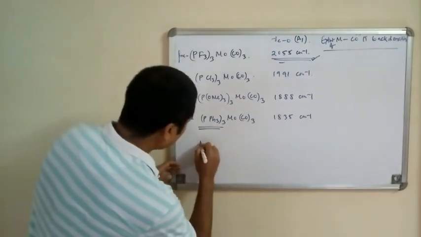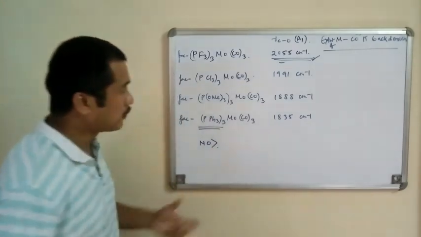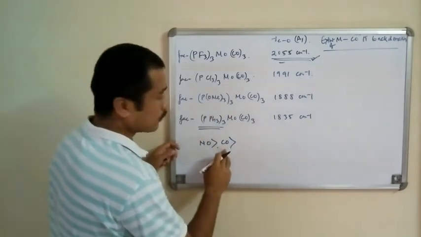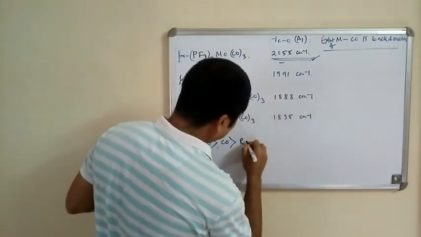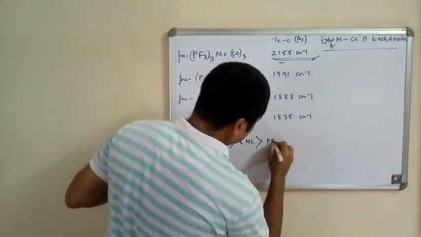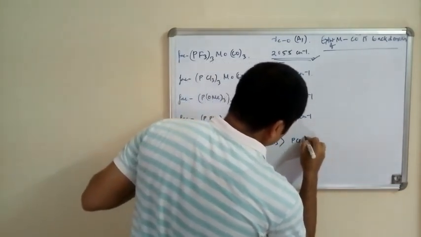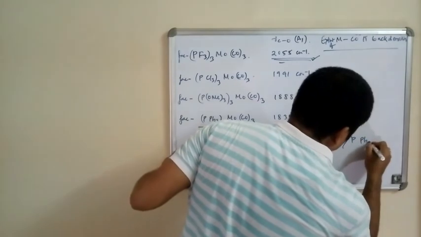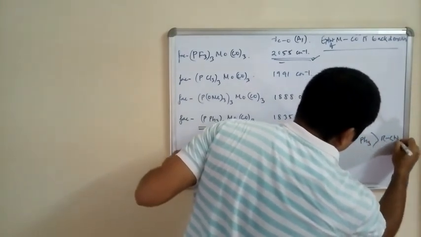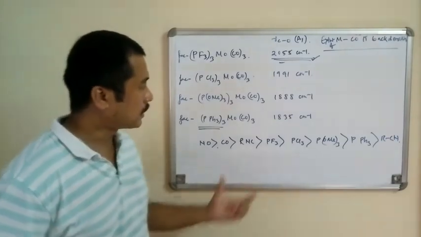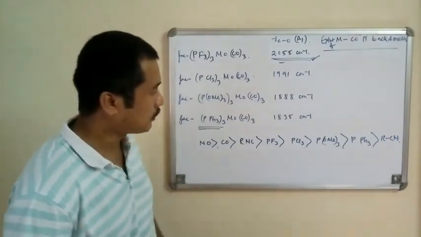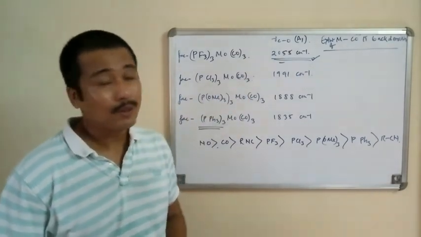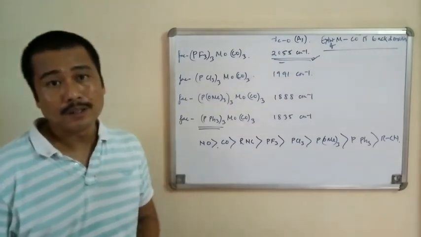The order obtained by following this procedure tells us that the nitrosyl ligand has the highest pi acceptor ability, followed by the carbonyl ligand, then the isonitrile ligand, and then PF3, PCl3, POMe3, PPh3, and then the nitrile ligand. So we can come up with such an order of pi acceptor ability of different pi acid ligands just by comparing the CO stretching vibration of such mixed ligand metal carbonyl complexes.